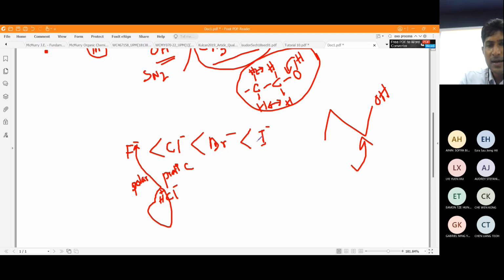You can ask why iodine is not having that comfortable effect. Yes, iodine will also have it, but iodine is bigger, so it does not have that much attractive force with hydrogen. It is still having attraction force, but it can break that bond as well. So that is why iodine is going to attack much faster, right? But if it is a polar aprotic, then fluorine will be much more reactive than any other.